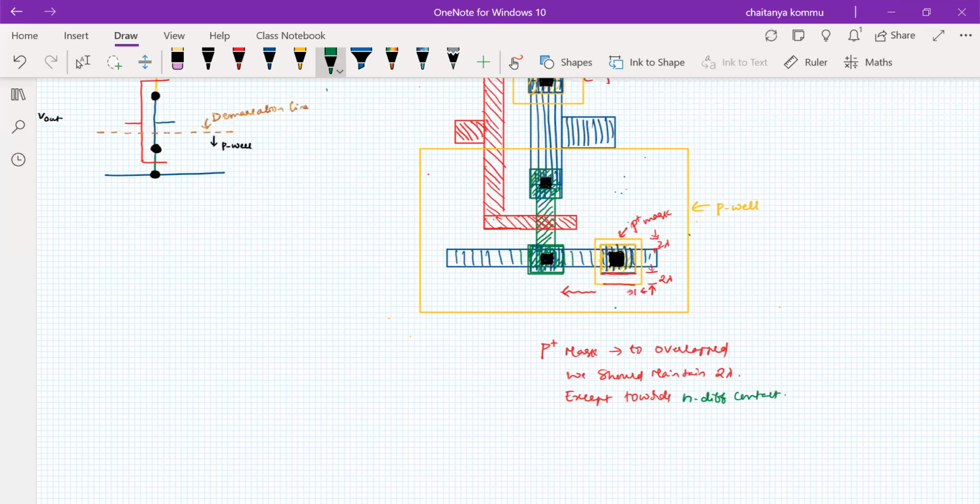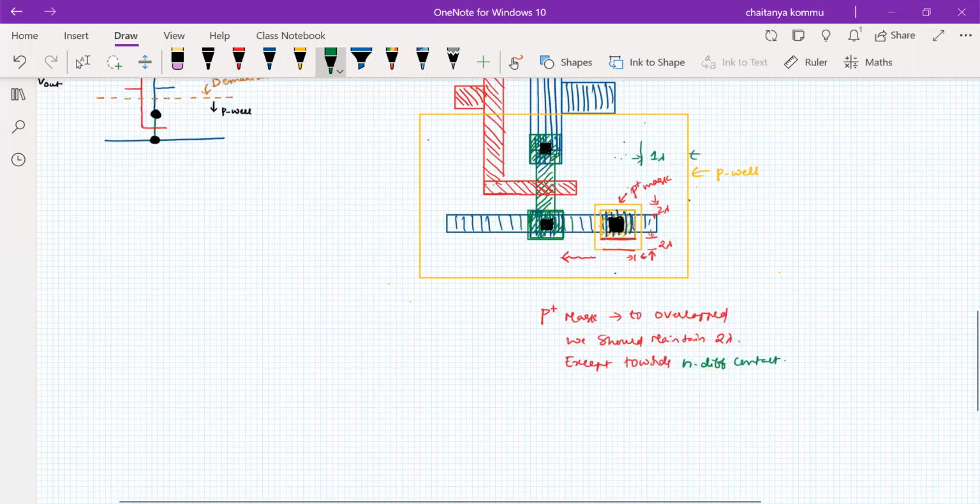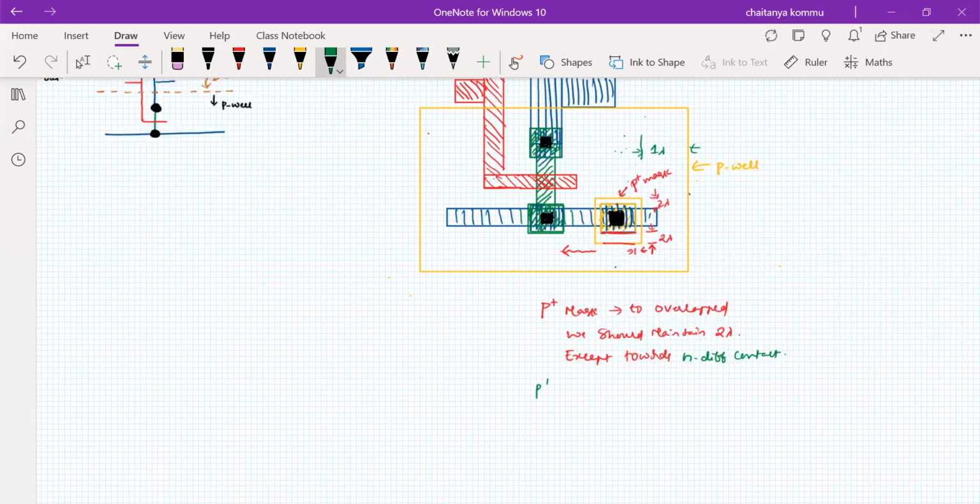Right? That's it. And one more thing is that the distance from this P plus mask to this one, we should maintain a minimum of 1 lambda. Of course, it can be more than 1 lambda, but we have to maintain a minimum of 1 lambda. So therefore, another thing is that from the P plus mask to the P well, we should use a minimum of 1 lambda.